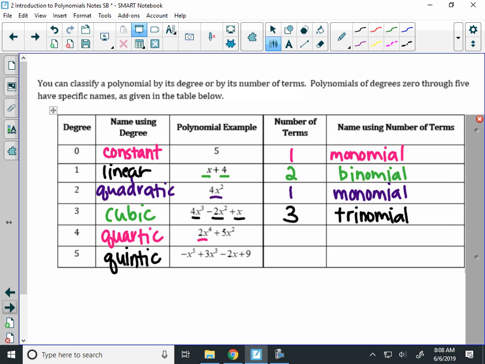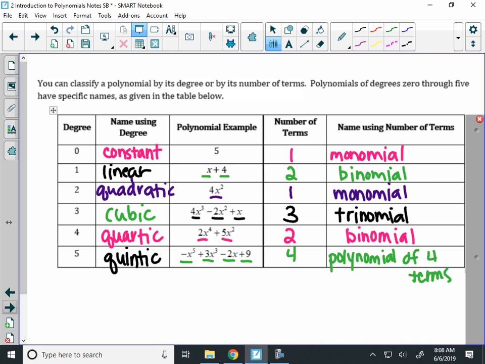This quartic expression has 2 terms, so it is a binomial. And finally, this quintic expression has 1, 2, 3, 4 terms. It is called a, no fancy name, polynomial of 4 terms. Nothing fancy there. They ran out of fun names after 3.